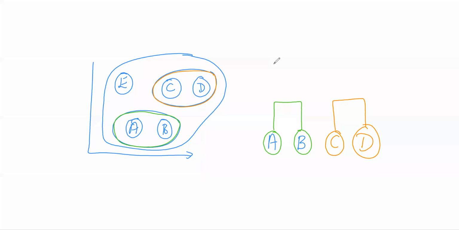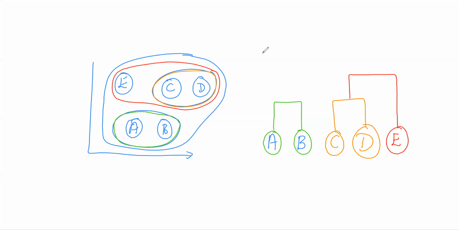And there is one more thing. I forgot to put one more. This C and D with respect to E is one more cluster over here. So I will represent that by stating that E is closer to C and D. So it forms another cluster like this.